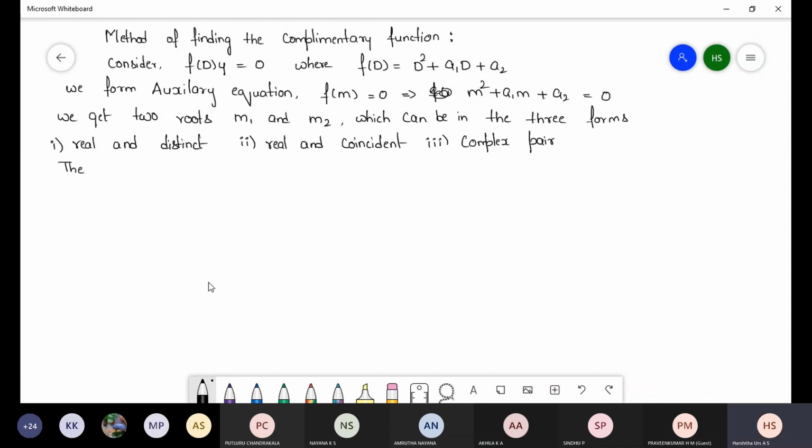Next, the complementary function yc. Here case 1, we take y is equal to yc. Suppose we have real and distinct roots, then we write c1 e power m1 x plus c2 e power m2 x, where m1 is not equal to m2.